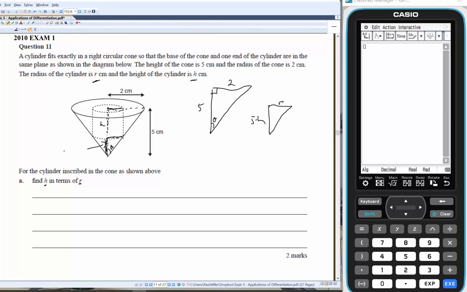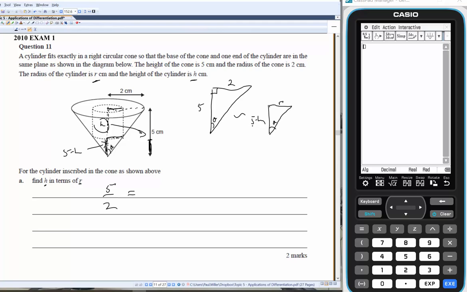So I know that that one there is 5 take away h, because I'm essentially removing this part from the 5, leaving us with this. Believe it or not, I've got enough information now to find h in terms of r, because I know that these triangles have the same angle and the side lengths are going to be in proportion. They are similar triangles. So if I compare the sides, let's say I'm looking at the ratio between this side and this side, which is 5 on 2, I can write that.